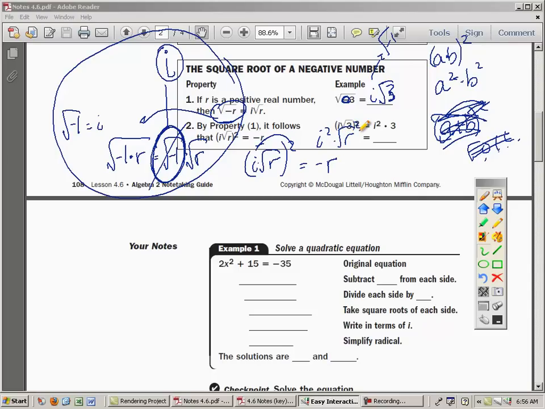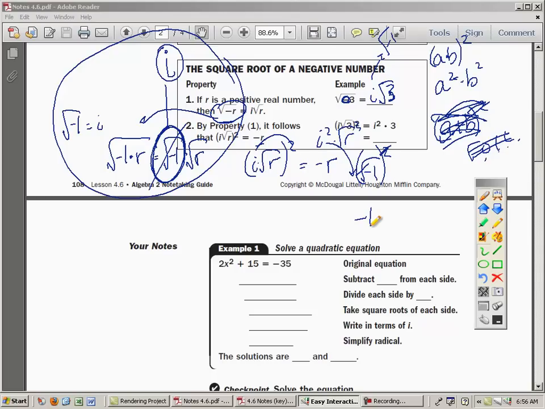Well, i squared, let's remember what i is, guys. i is the square root of negative 1. And so if I square the square root of negative 1, well, squaring and square root undo each other, so that just becomes negative 1.